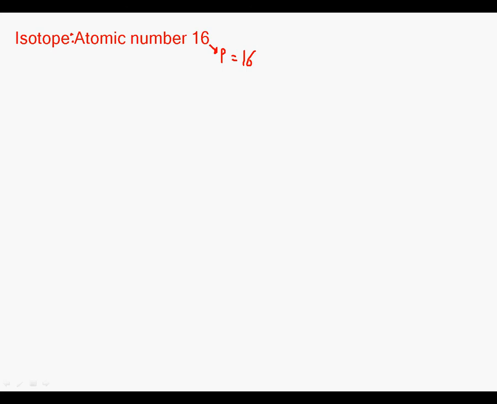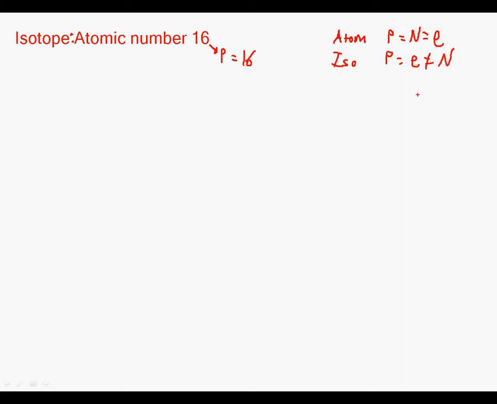That's the first thing I think of anyway. So what we know about atoms is that normally the protons equal the neutrons equal the electrons. With isotopes, the protons are going to be equal to the electrons, but we're not so sure what the neutrons are going to be.